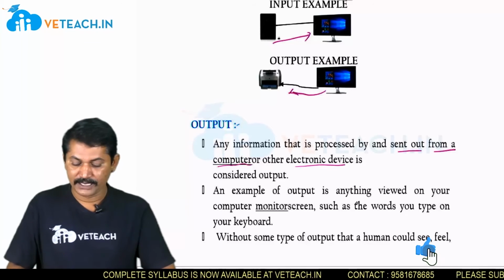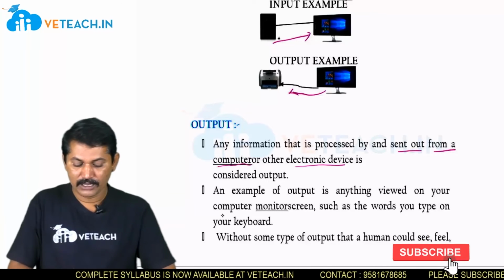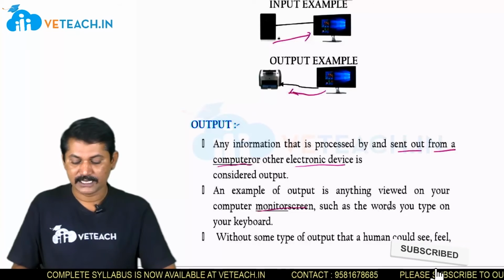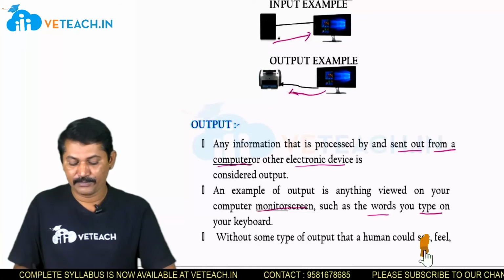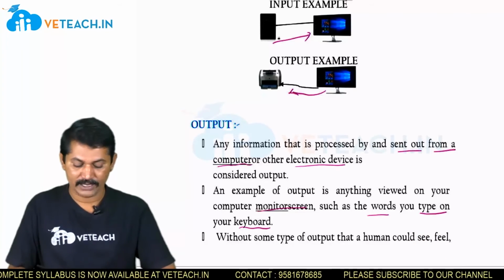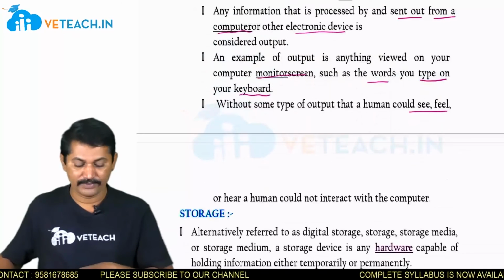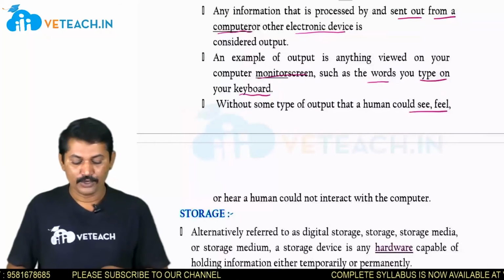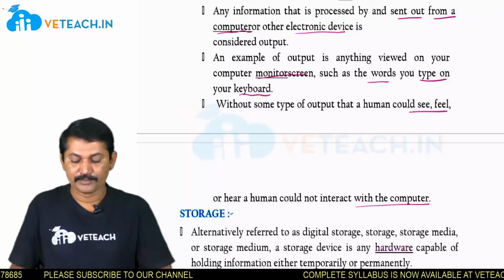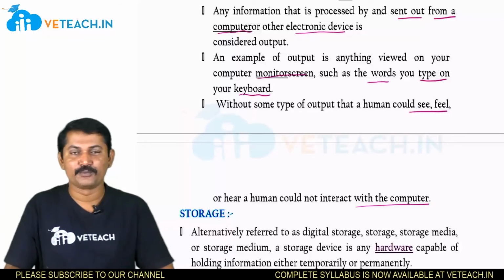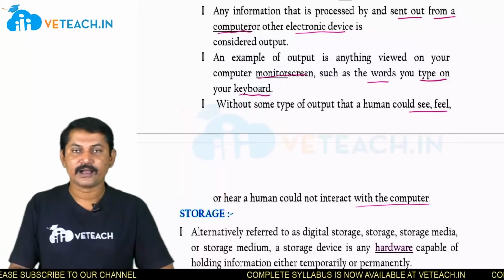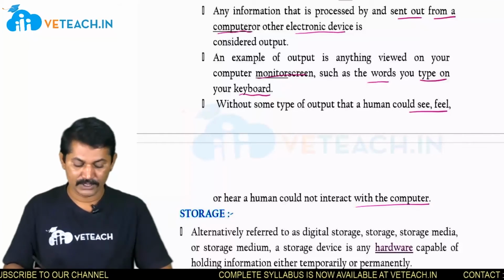An example of output is anything viewed on the computer monitor screen, such as words that we type through the keyboard from the input device. Without some type of output, that we can see, feel, or hear, humans could not interact with the computer. That means without having the input and output devices, we cannot complete our operation with the computer system.